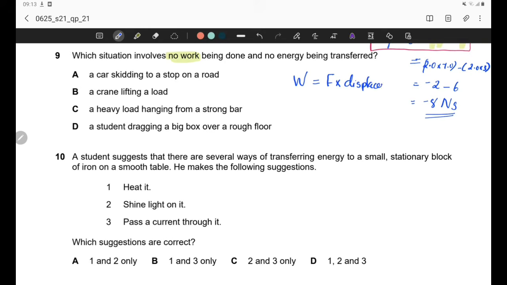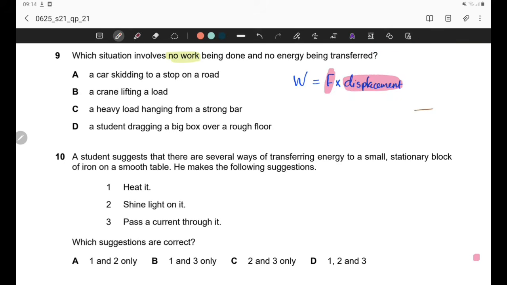So we can say work is done only if there is a force acting on the object, and because of that force the object should displace or move in the direction of the force.